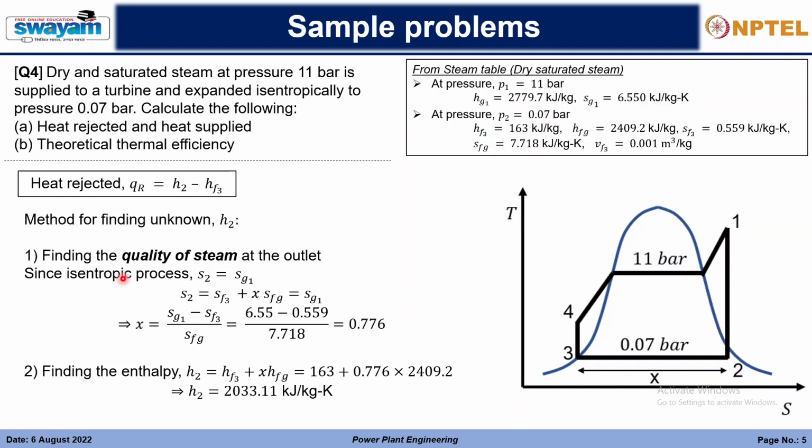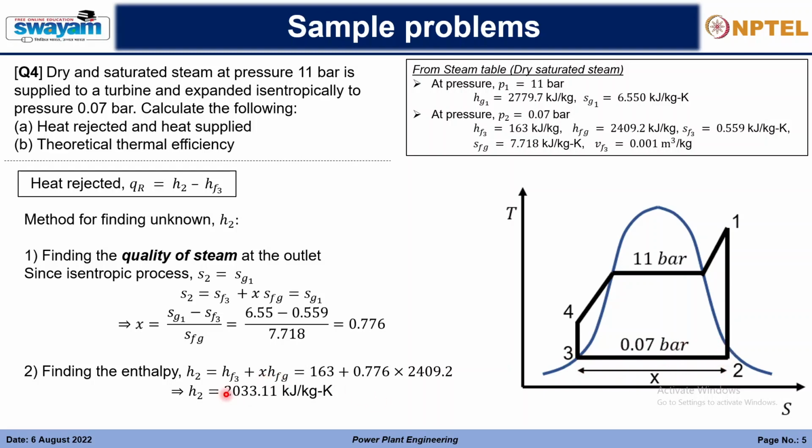Then after evaluating the quality of the steam, we will find the enthalpy H2. So how is it calculated? Till here we know the enthalpy of the water, and after that we need to calculate how much is the enthalpy till here. So if we add this part of the enthalpy to this enthalpy, we will get the enthalpy of state 2.